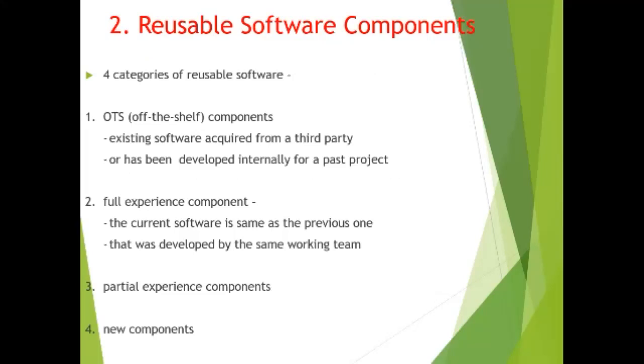First, off-the-shelf components: existing software acquired from a third party or developed internally for a past project. Second, full experience components: the current software is the same as the previous one that was developed by the same working team. Third, partial experience components. And fourth, new components.